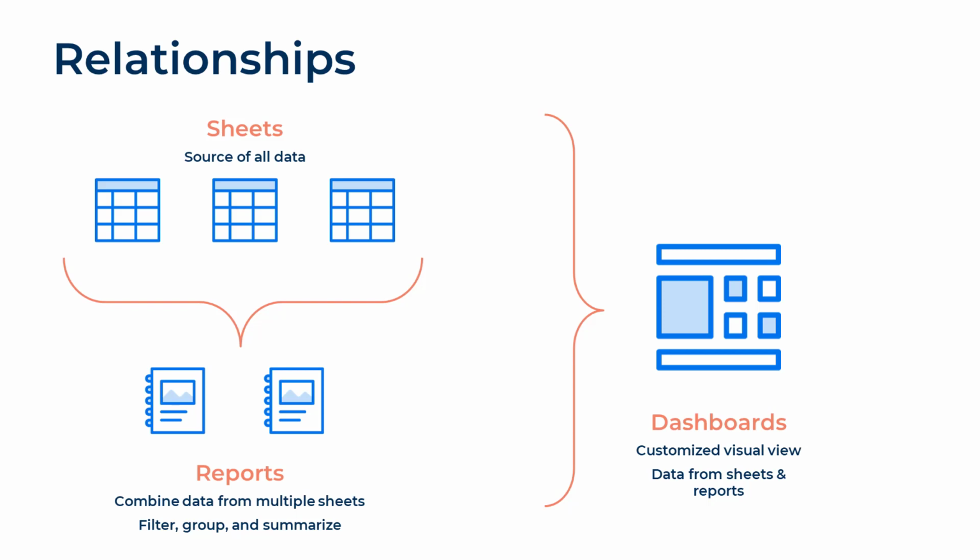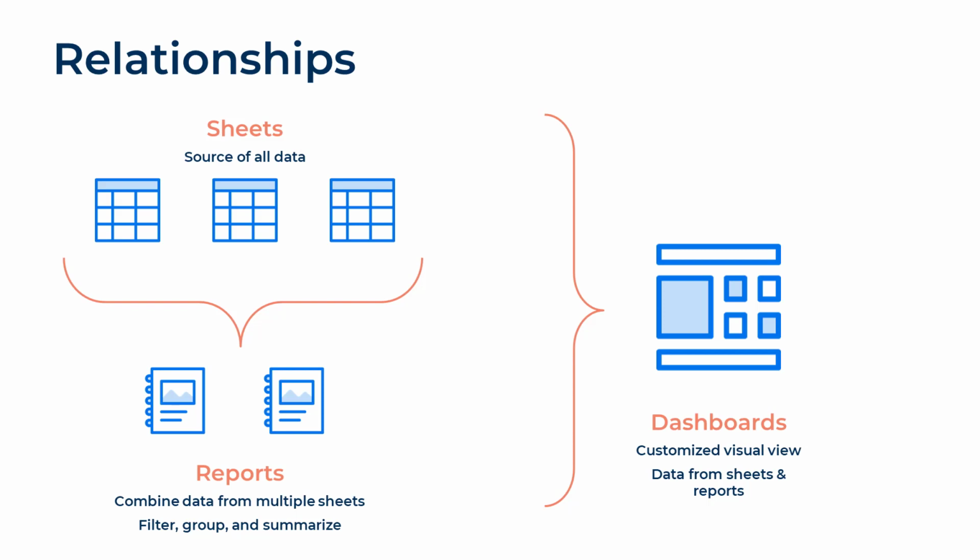Another way to bring together information from multiple sheets is to create a report. And a report in Smartsheet has several different focuses. A report brings together rows from multiple sheets. It lets you create a custom view by adding in filters to only show rows that match certain criteria, by grouping together common data, and even by summarizing, so introducing functions.